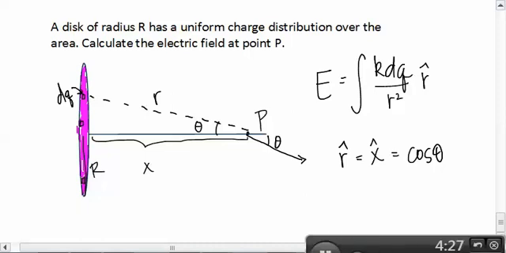So if we're going to define dq, this is a charge smeared over an area. So sigma would be the charge per area, or dq over dA.